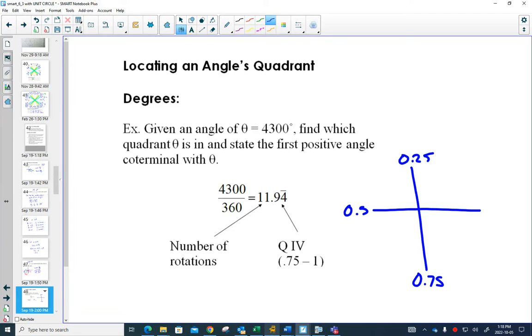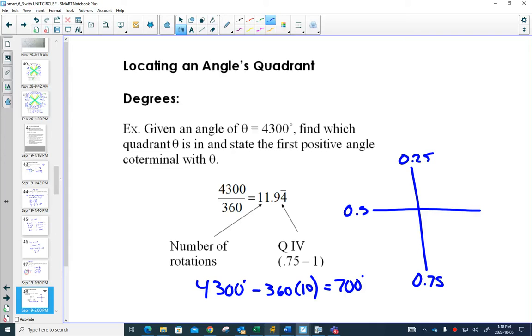Now, most of the time, you won't have a calculator for these questions. So if I didn't have a calculator for 4,300, I would probably start by subtracting 360 10 times, because that's easy mental math to see that that would be 3,600. If I subtracted it 10 times, I would get 700 degrees, which means that 4,300 degrees is coterminal, or ends in the same place as 700 degrees.